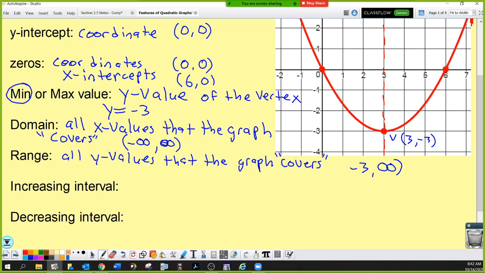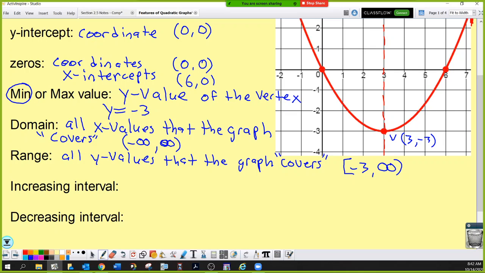It absolutely does. It hits y equals -3 when x equals 3. So because it hits that number, we don't put a parenthesis on it. Instead, we put a bracket. Bracket means I hit that number. Parenthesis means I try to get there. Say it again. Bracket means I hit it. Parenthesis means I try to get there.